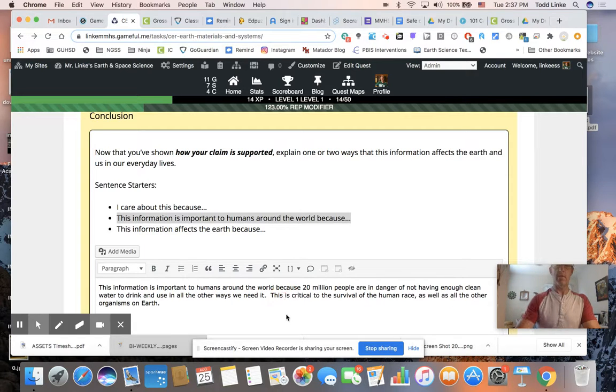This information, I think we need to find a solution to the issue of natural disasters like drought, so we can ensure that planet Earth is livable for future generations.